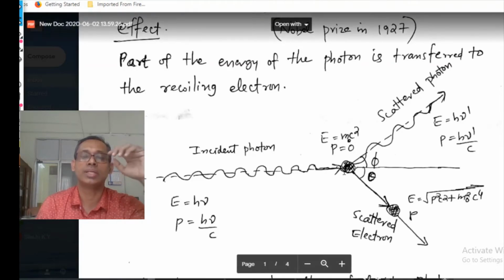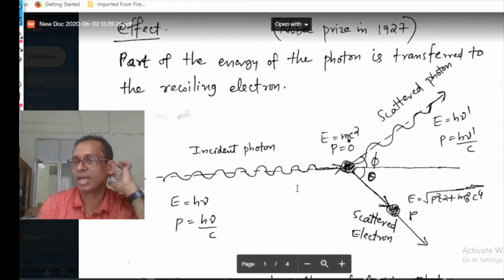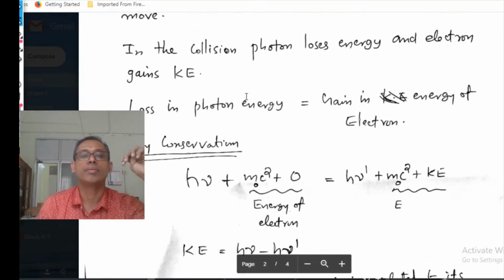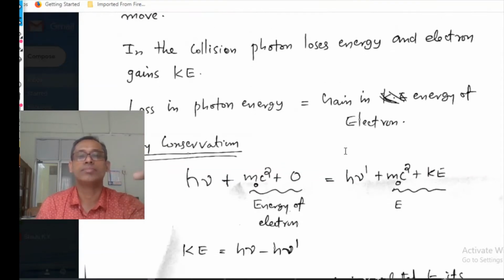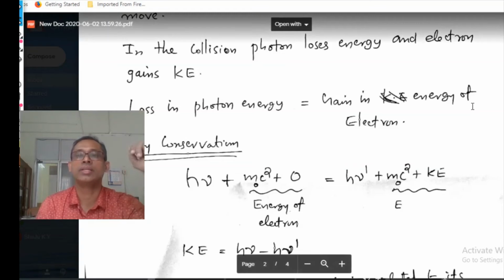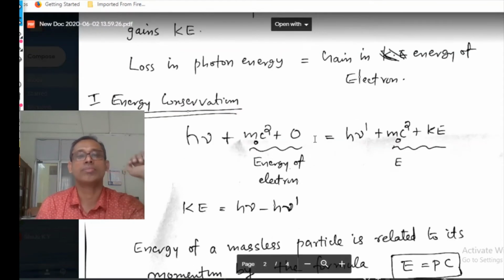As it is being scattered by the photon, it obtains kinetic energy and it moves in this direction. So the loss in photon energy is equal to the gain in kinetic energy of the electron. We are applying the energy conservation.